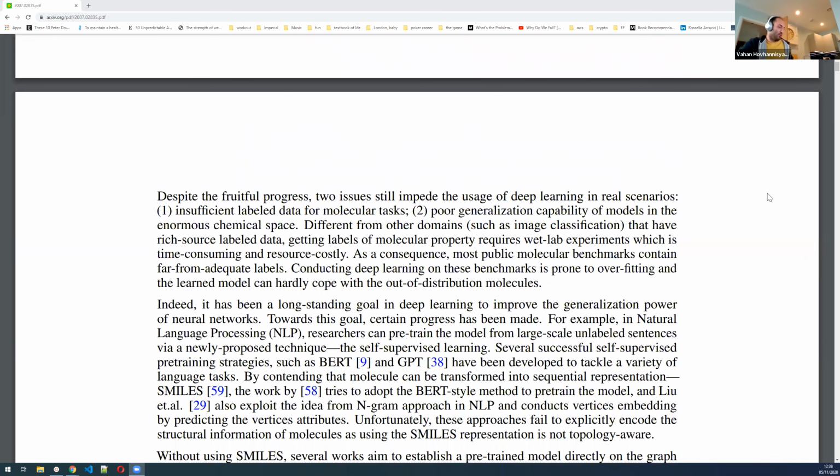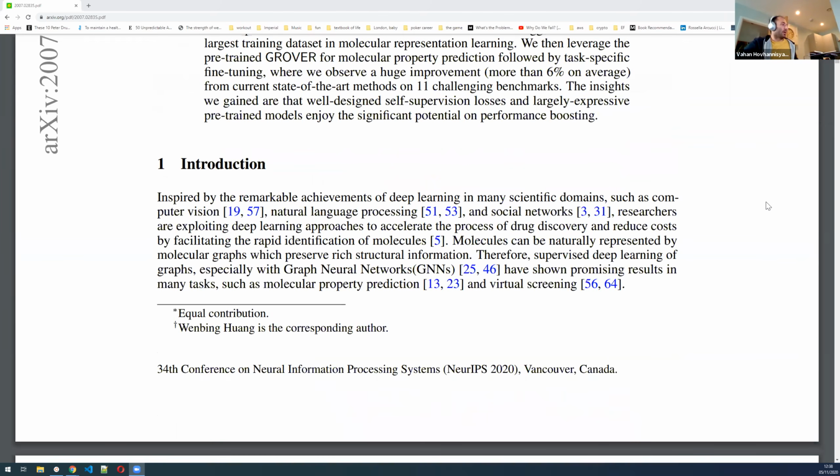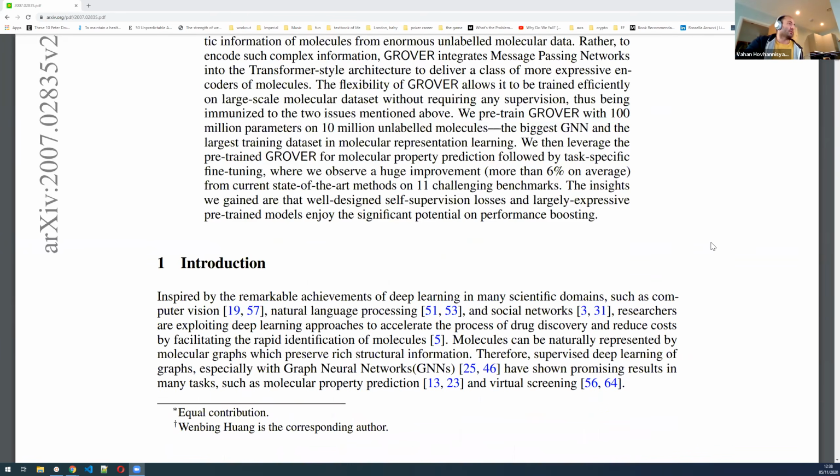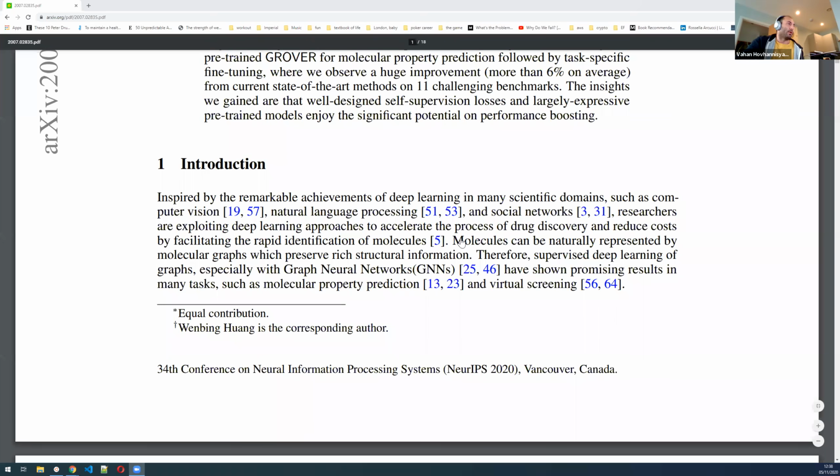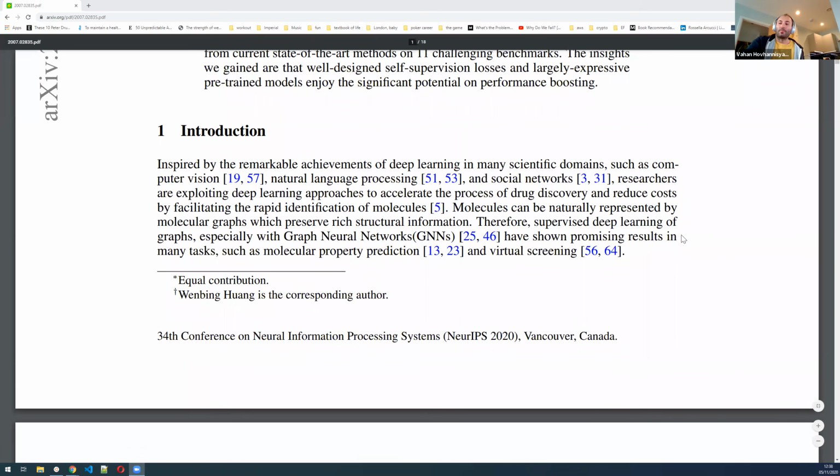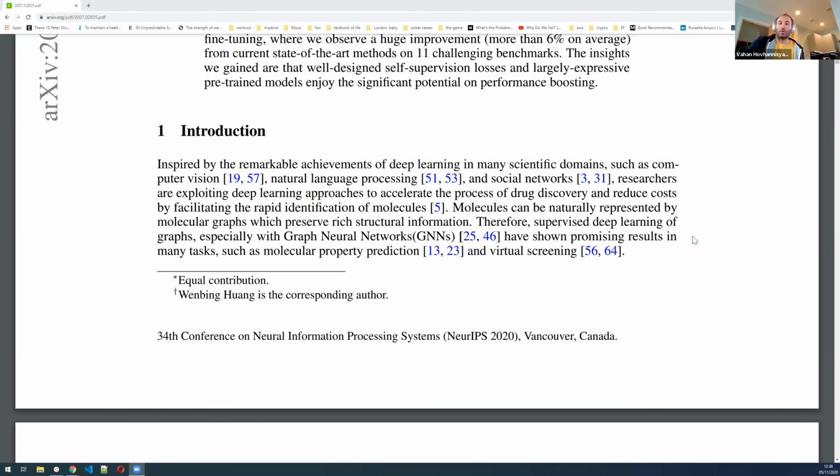A bit of introduction. Very important: we can represent molecules as graphs, right? Each node is an atom, and then there are links, and we will have node features and edge features.